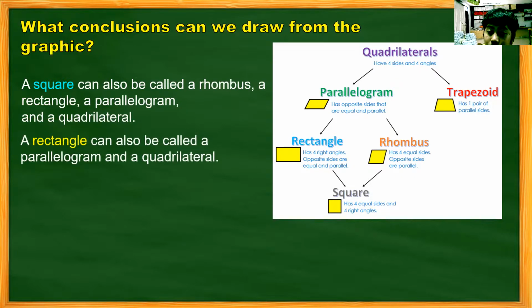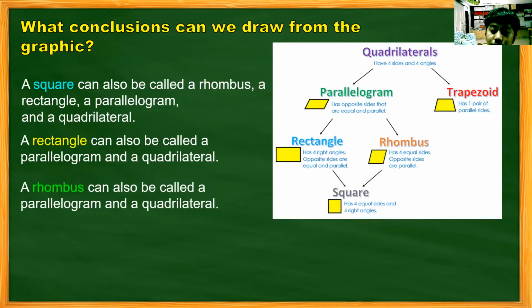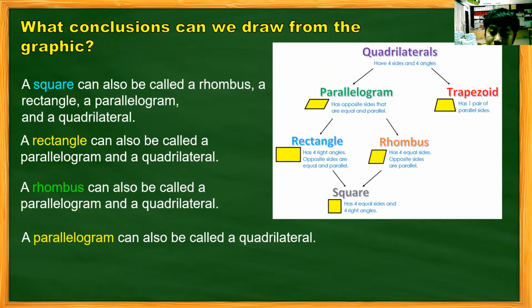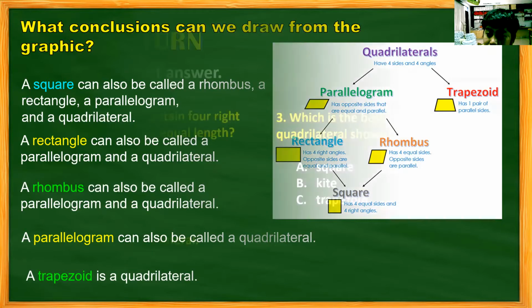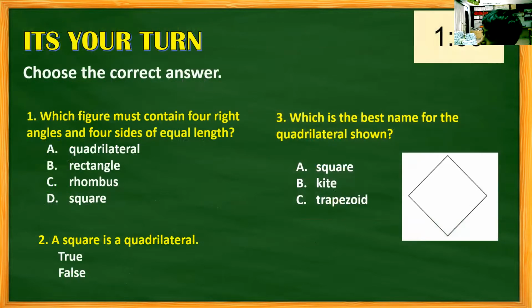A rectangle can also be called a parallelogram and a quadrilateral. A rhombus can also be called a parallelogram and a quadrilateral. A parallelogram can also be called a quadrilateral. And a trapezoid is a quadrilateral. That's a conclusion that we can make from those illustrations.